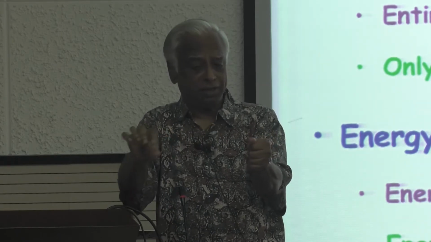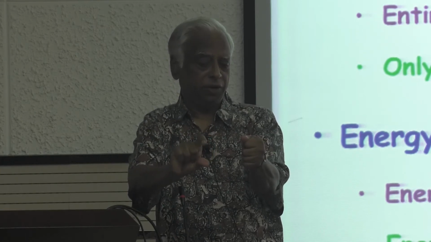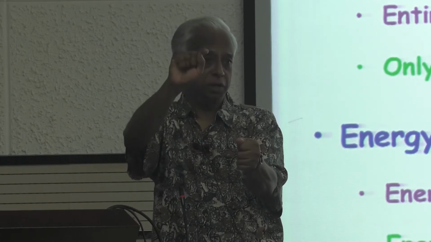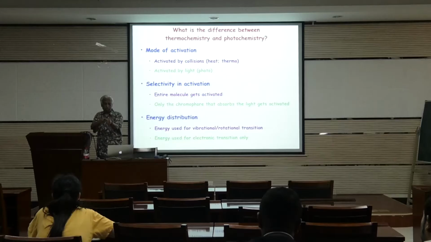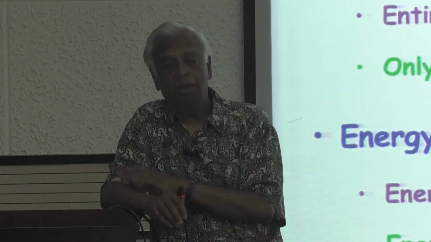And these connections are held by electrons. When you shine the light, these electrons go from here to here. When they go, they weaken this bond. So you don't have to do heat. You can just activate it by light. That is the principal difference between the two.